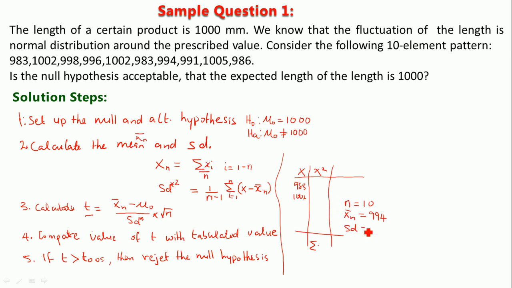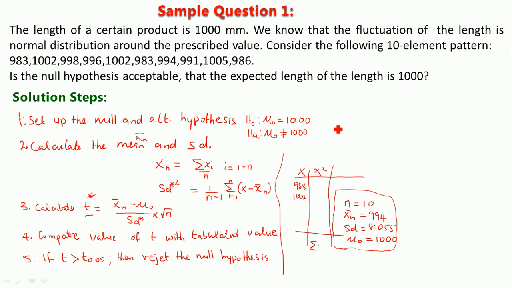SD, I calculated it to be, for this particular problem, 8.055, and then mu 0 is given in the question to be 1000. So at this point you can calculate the value of t here. These 4 parameters, you need to get them down and then get the value of t.